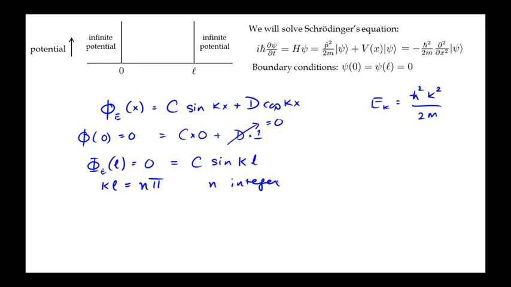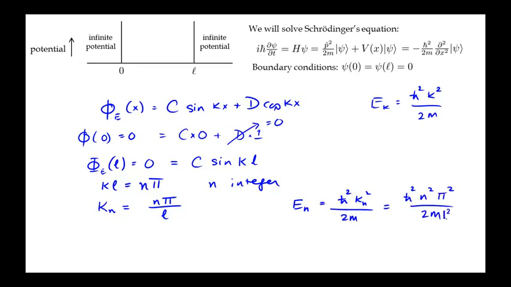And therefore we get k, which is a function of n, is n pi divided by L. And so this gives us our quantized function. So the energy eigenvalues are E sub n is h bar squared k sub n squared over 2m, which is h bar squared n squared pi squared over 2m L squared. Okay, so n just takes on integral values 1, 2, 3, and so on.